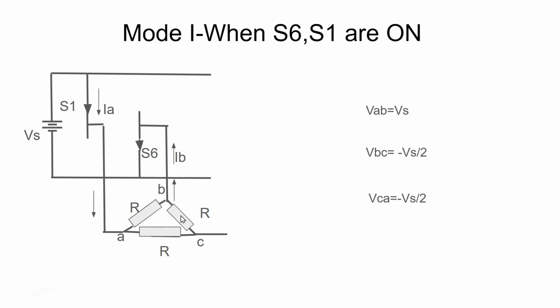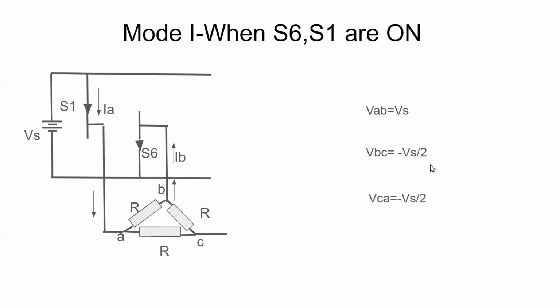And since BC and CA are sharing the voltage Vs, and since B is connected to the minus of Vs, we can write VBC is equal to minus Vs by 2, and A is connected to plus of Vs and C is again connected to the minus of Vs through this R. We can also write VCA is equal to minus Vs by 2, which means the voltage between B and A terminal is minus Vs, which is being shared by these two resistors.